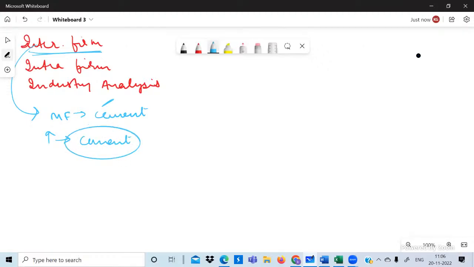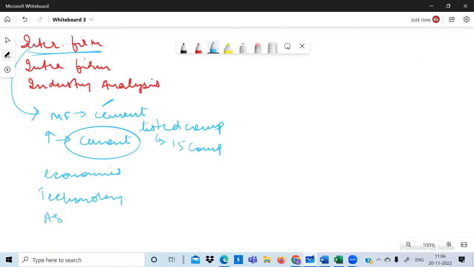So basically what you'll do is you'll start with the listed cement companies. So let's say you get 15 companies. Once you get a list of 15 cement companies which are listed on the stock exchange, then what you try and do is you look at all these companies and you try and find out which of these companies are good in terms of, let's say, economies of scale, maybe in terms of technology, maybe in terms of the assets that they're using.